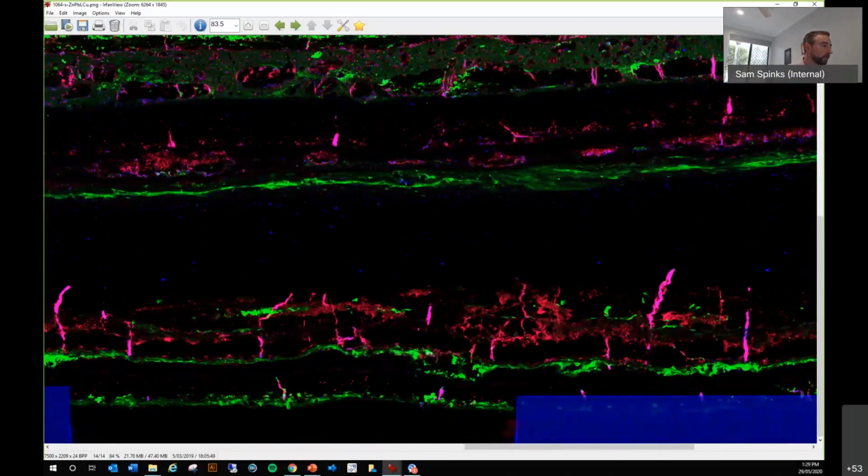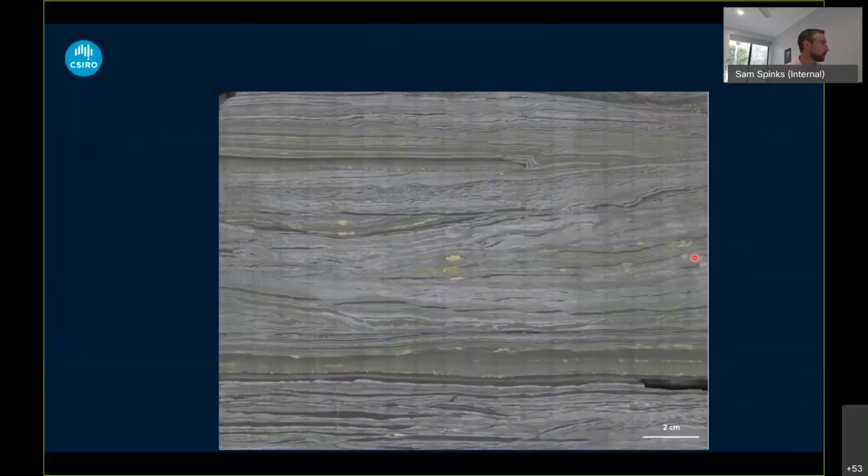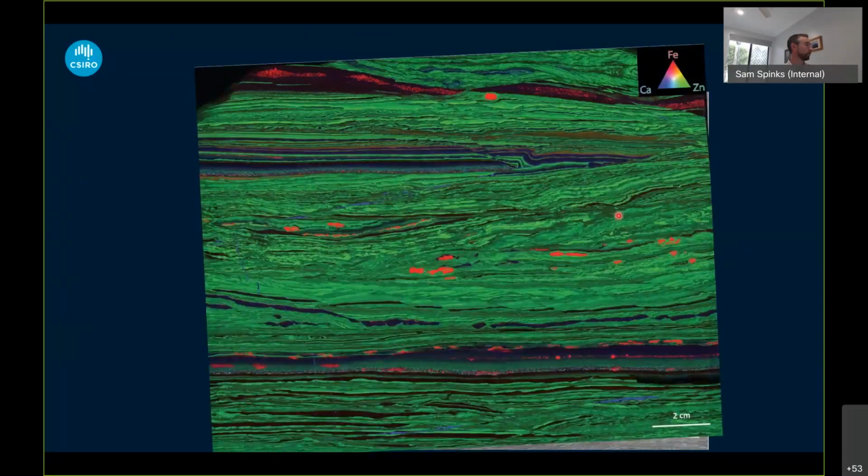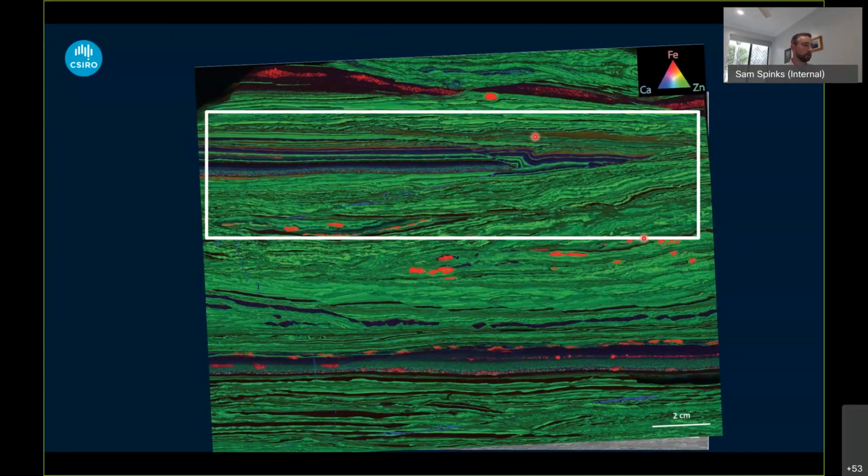And one last final sample I want to show you is one of the laminated soft sediment deformation samples. This is a very high grade sample with no dolomite left over to speak of. What I want to take into is that area here.